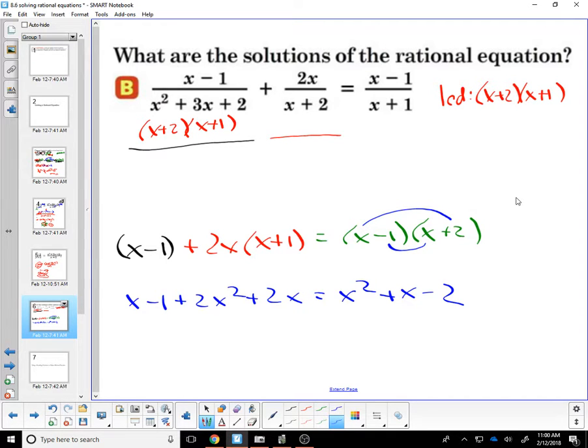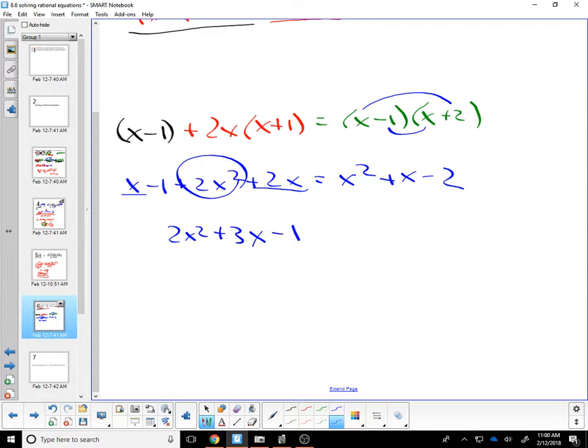All right, let's clean this up a little bit. Let's start with the 2x here. That's just 2x squared. Those x's will give me 3x's. And then the minus 1. And then I've got x squared plus x minus 2. Like I said before, I like to move everything to the left, unless it's going to end up being negative for some reason. In this case, it's not.